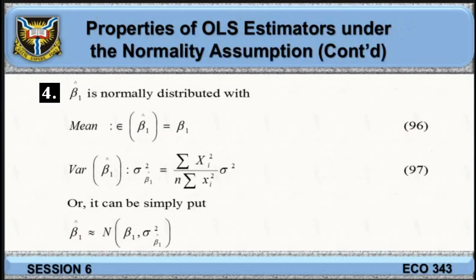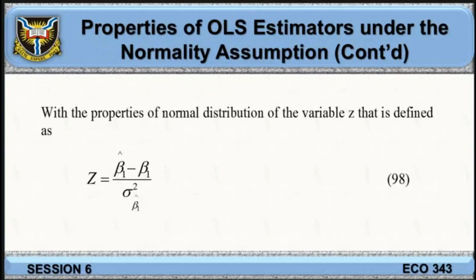4. Beta 1 estimator is normally distributed with equations 96 and 97, or it can be simply put as the formula below, with the properties of the normal distribution of the variable Z, that is defined as Z is equal to beta 1 estimator minus beta 1 over the standard error, equation 98.